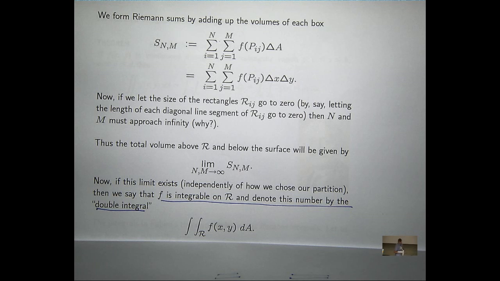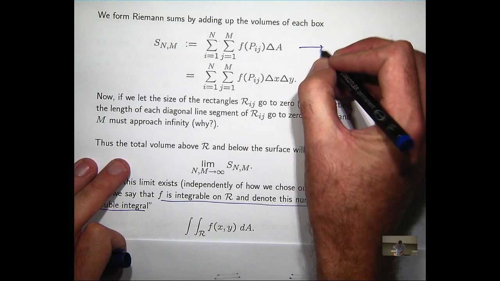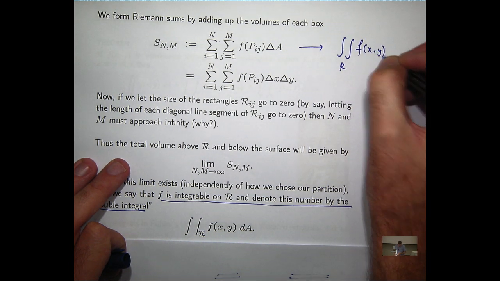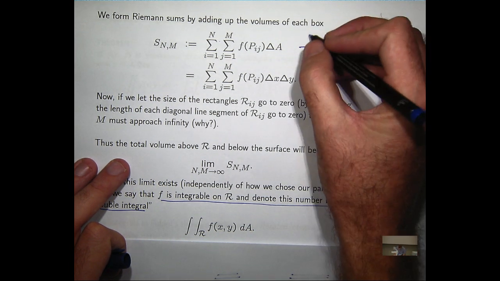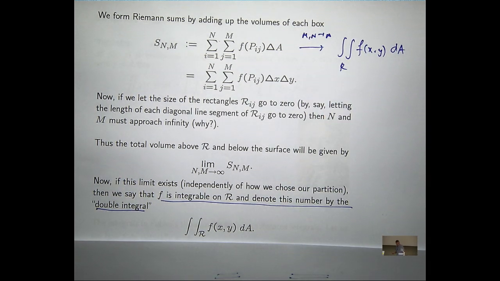Okay, well, this notation. If you wanted to compare it with what you've got up here, this would go to this. So the delta A becomes dA, and the two summation signs turn into integral signs.